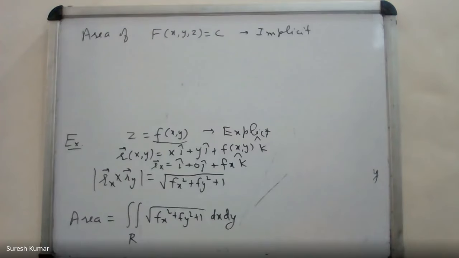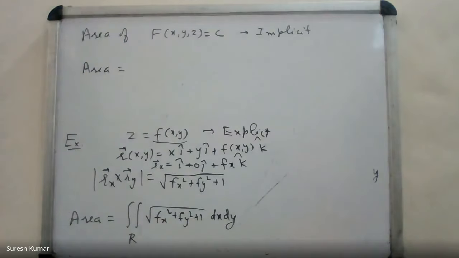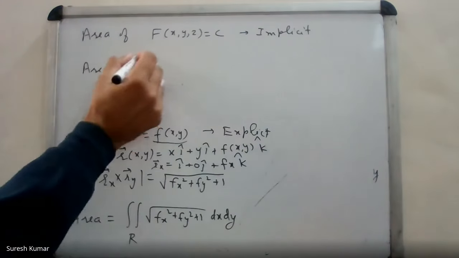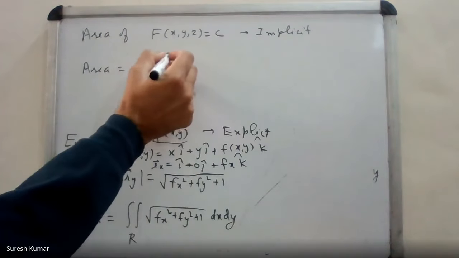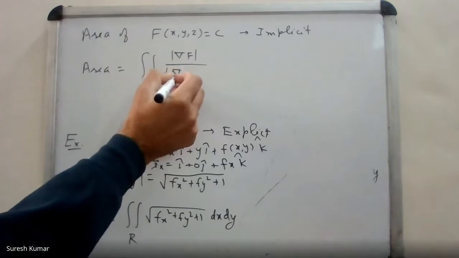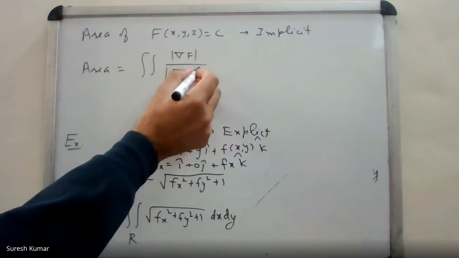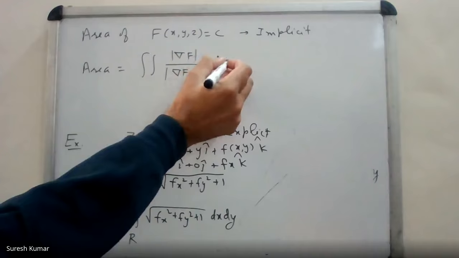I will not go into the derivation, you can see the lecture notes. Area of the surface given in implicit form is given by the double integral of magnitude of gradient of f divided by magnitude of gradient f dot k cap, dx dy.